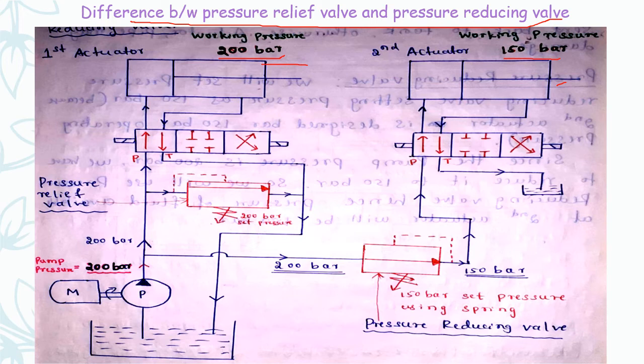The direction control valves are shown for both the actuators in order to control the extension and retraction of the actuator, along with a pressure relief valve and a pressure reducing valve. The pressure of the pump is 200 bar. So if the pump pressure becomes more than 200 bar, the pressure relief valve will open and the excess pressure fluid will be sent back to the tank.